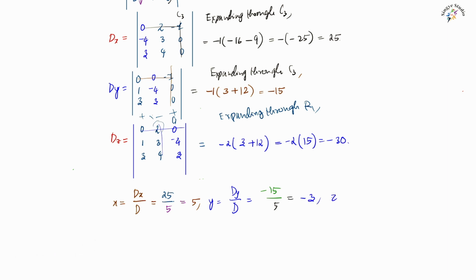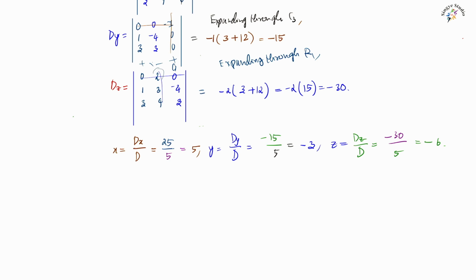And our z value is Dz by D, and the Dz value is negative 30 upon 5, so it will be negative 6. Therefore, we have got x equals 5, y equals negative 3, and z equals negative 6.